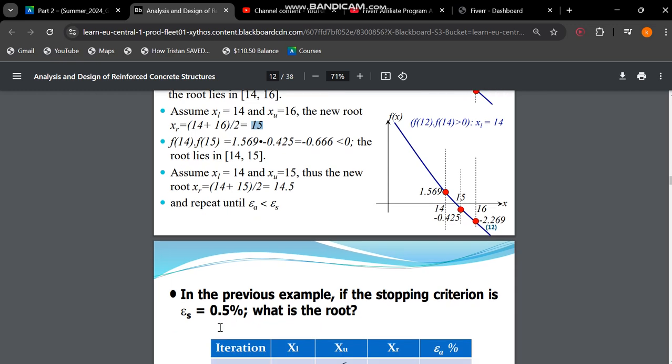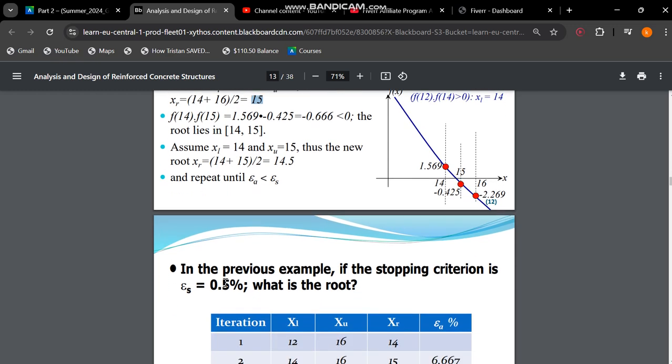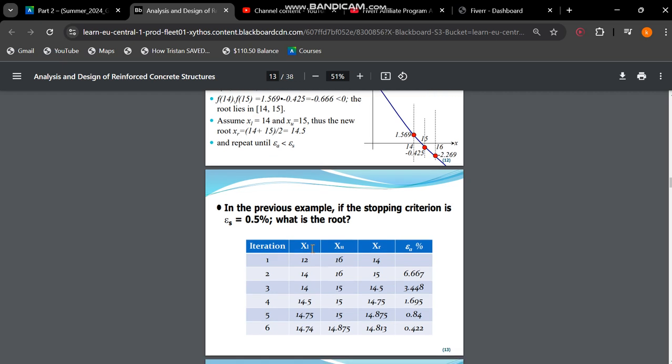The recommended stopping criterion could be 0.05%, but in this case we use 0.5%. As you can see, we start from an initial guess of 12 and 16 as the lower and upper bounds, and we basically narrow down these two bounds and finally get the root at 14.813 with an error of 0.422, which is less than 0.5.